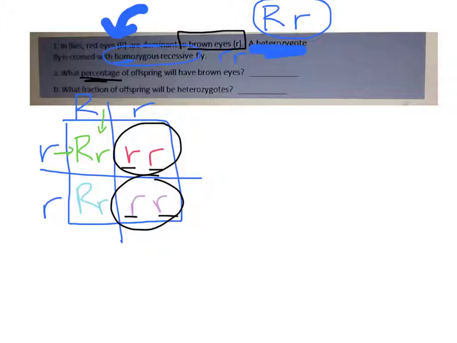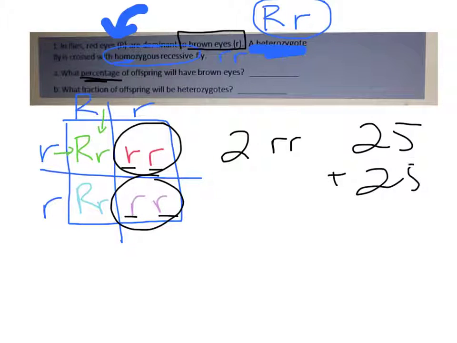You see that? Each box is worth 25%. It's like a dollar, and each one is a quarter. So you have 25 plus 25, which equals 50. Okay? So this answer up here is going to be 50%.